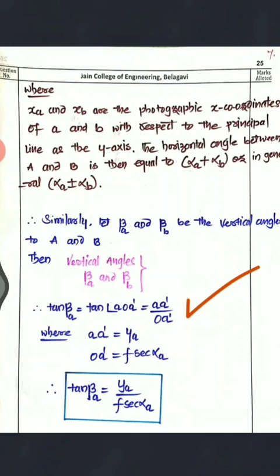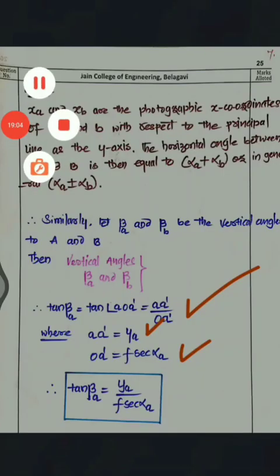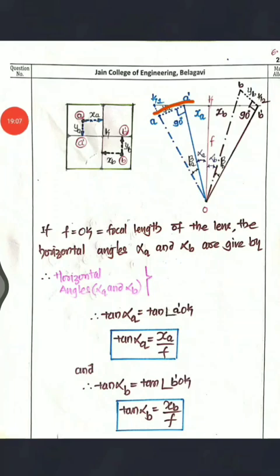Now AA dash is YA and OA dash is F sec alpha A. Similarly here, BB dash is YB, and OB dash is going to be F sec alpha B, right?